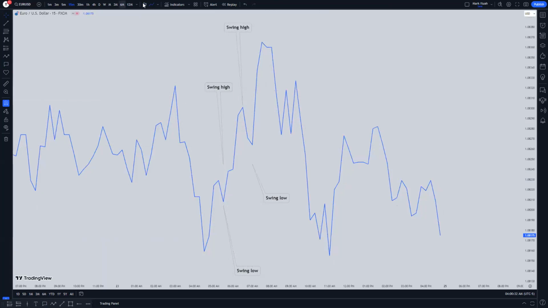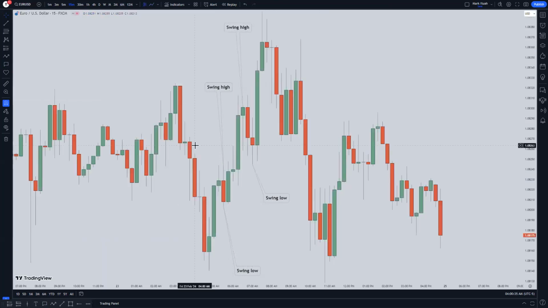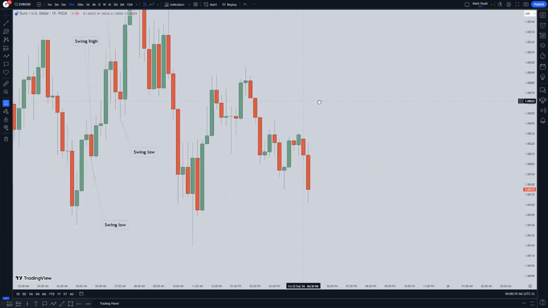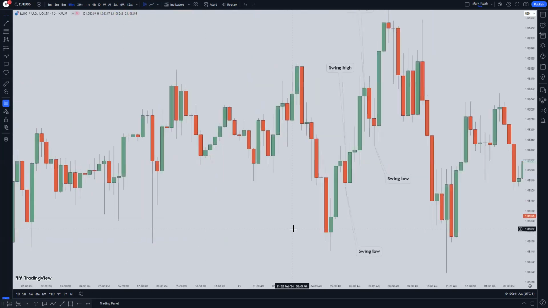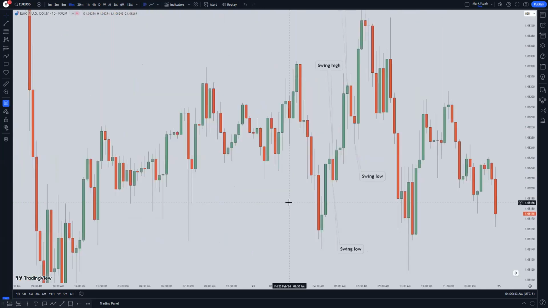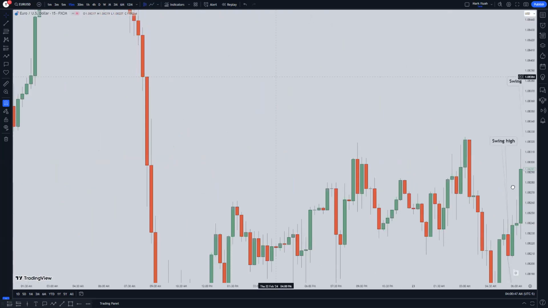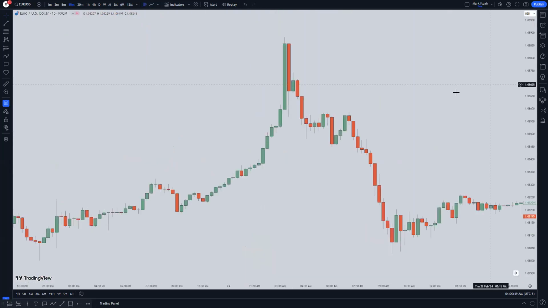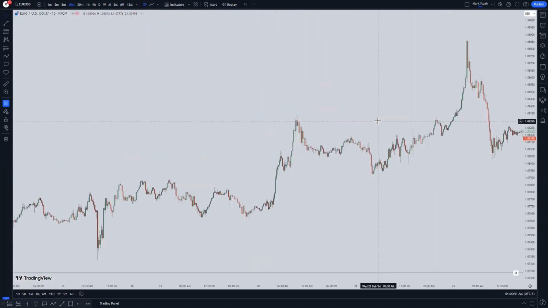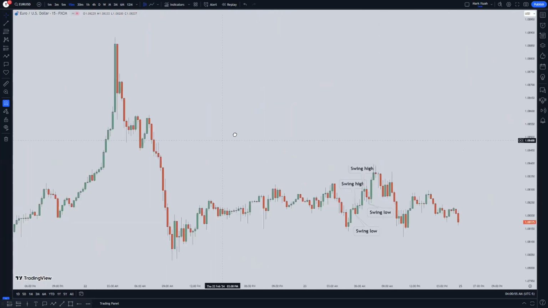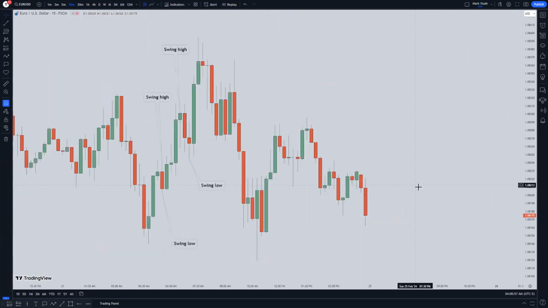When it comes to the bearish market, this is just vice versa. We have a series of examples, but let me just look for something unique. There's no need going so far, so let's look at this.